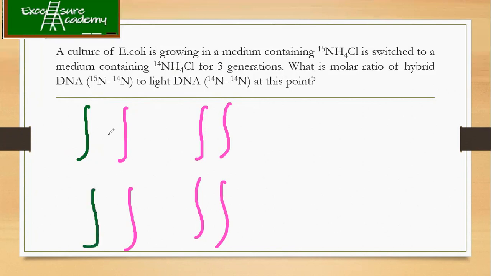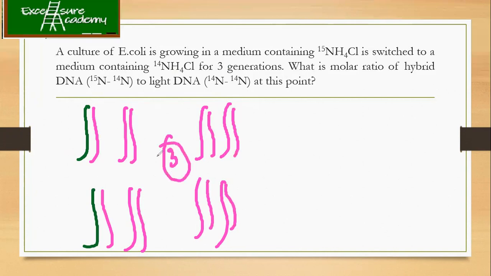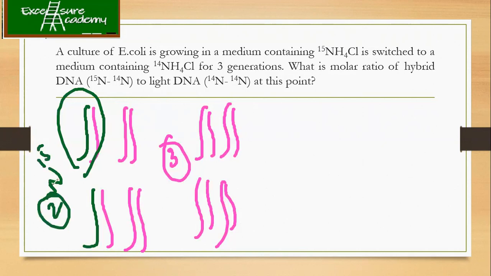Now again on the third generation, there will be a synthesis or the replication of DNA like this. So this is your actually third generation. So how many are there? If you count every time in all the generation, you saw that the heavy strand, that is N15 strand, remains constant. It is 2 only.